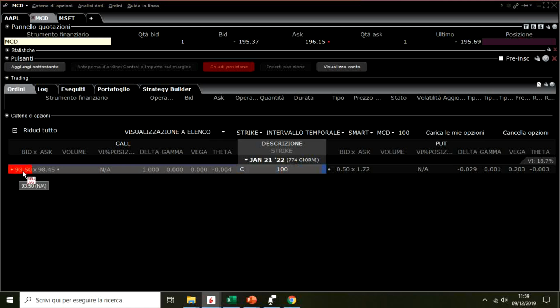It's quoted 93.15, 98.45. Being the price of the underlying 195 more or less, it means that the mean price between the bid and the ask leads to more or less the same price of the underlying at this moment. Assume just for instance that you purchase this for 96.50.